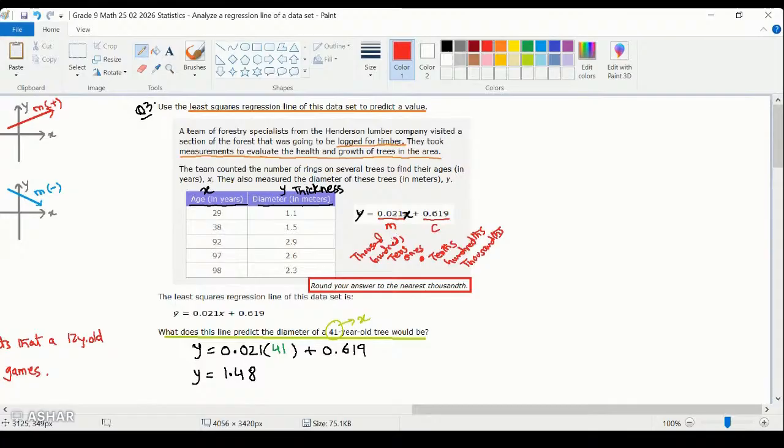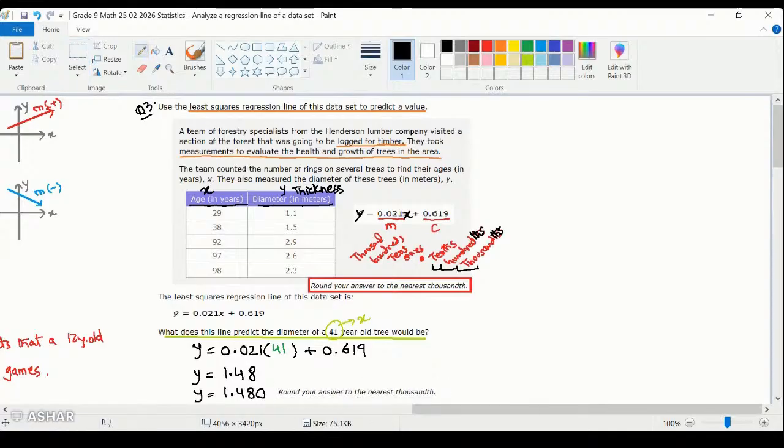The difference is these numbers are ending with THS. The numbers ending with THS are after the decimal. That means we need to give 3 decimal places. The answer came out to be 1.48. That rounds off to 1.480 because the answer had to be rounded off to the nearest thousandth value.